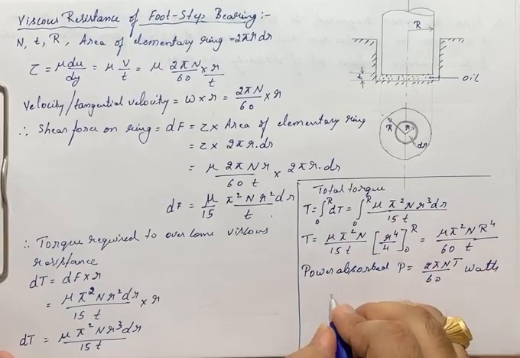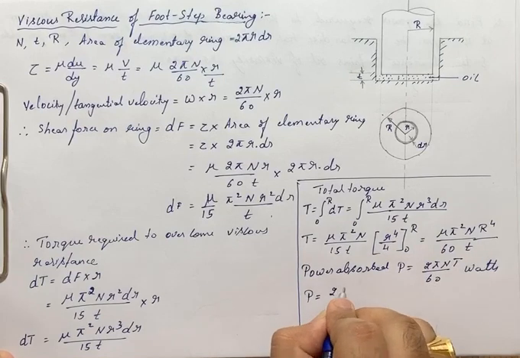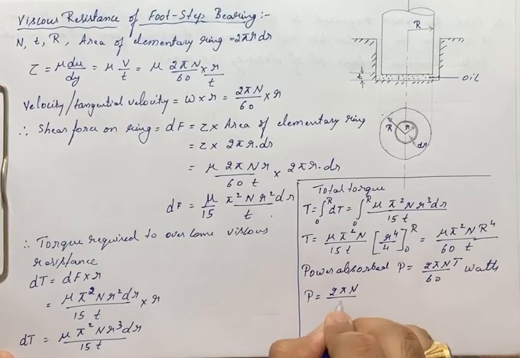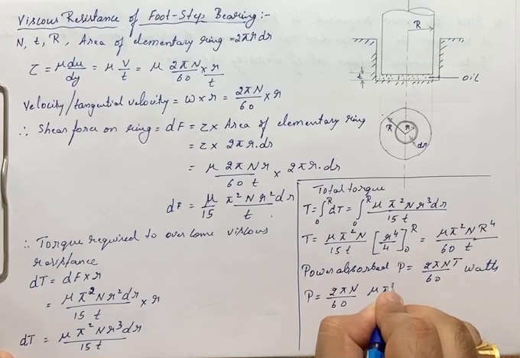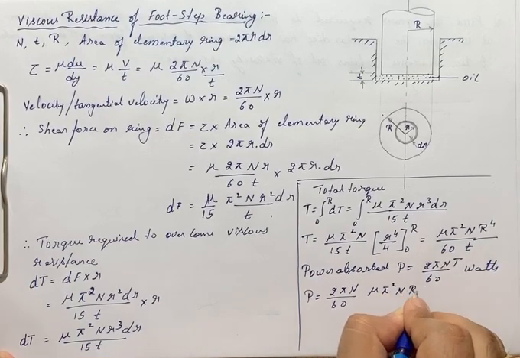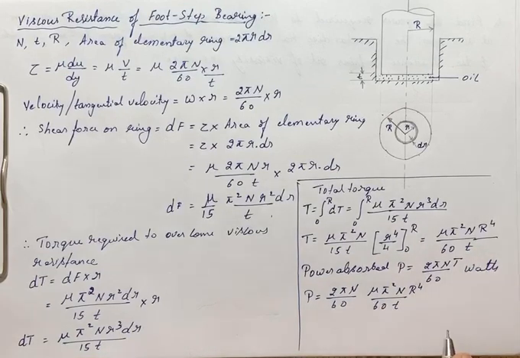So, I can write P is equal to 2 pi n divided by 60 into T, which is mu pi square n r raised to 4 divided by 60 t. Here 2 divided by 60 becomes only 1 by 30.